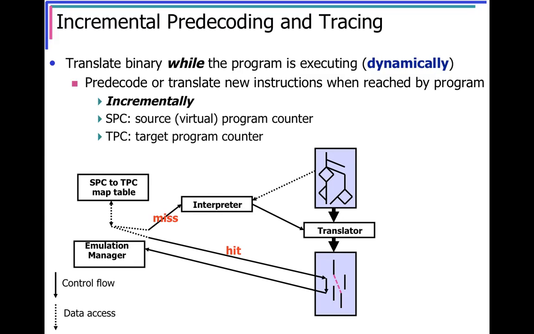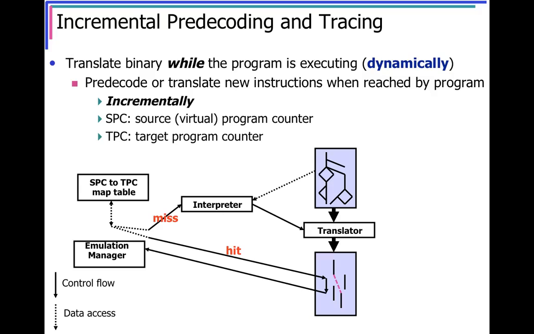The virtual program counter is the source instruction, source PC, or SPC in the example, and the program counter in the code cache for the native code is called the target program counter, or the TPC. We keep a map between SPCs and TPCs to know what we have in the code cache. We interpret, checking the map when we hit a new start of a trace. If the trace is already in the code cache, we jump to the code cache on a hit and execute it directly.